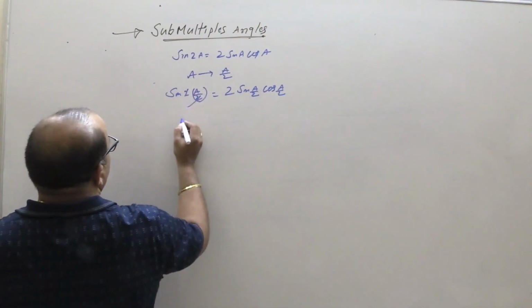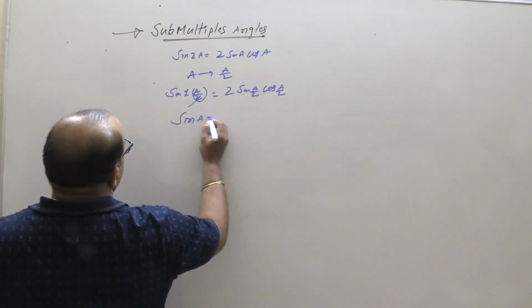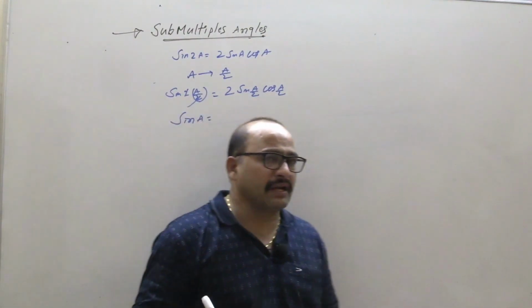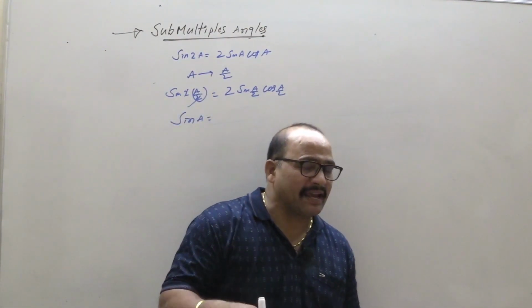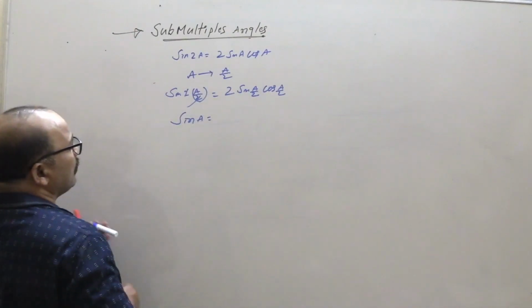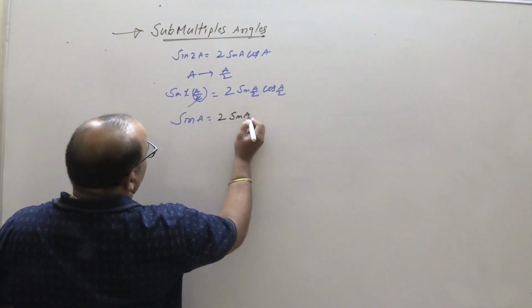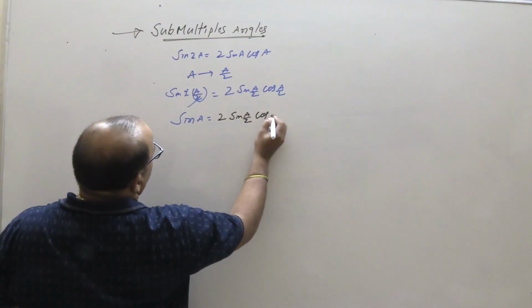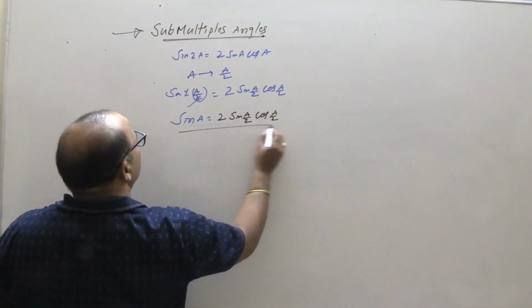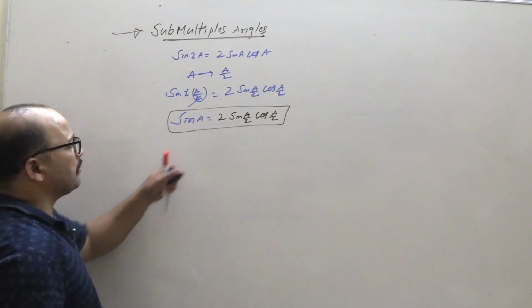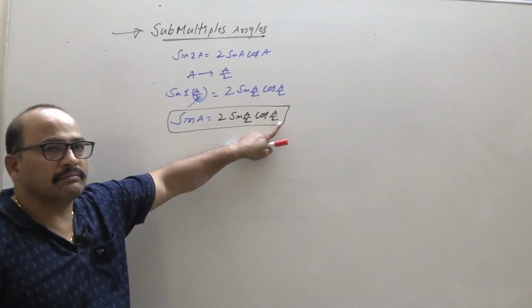Crystal clear, the 2 gets cancelled. So the sin A formula in terms of submultiples is sin A equals 2 sin A by 2 cos A by 2.